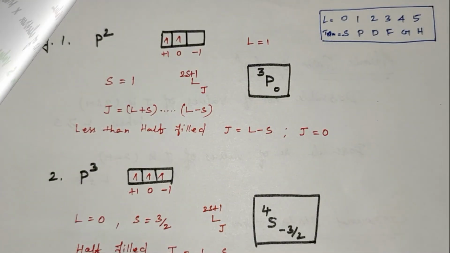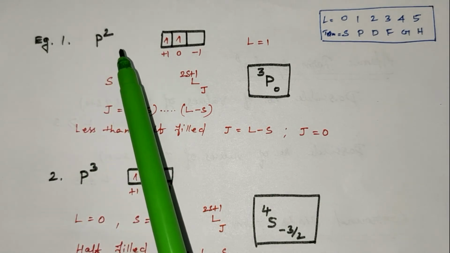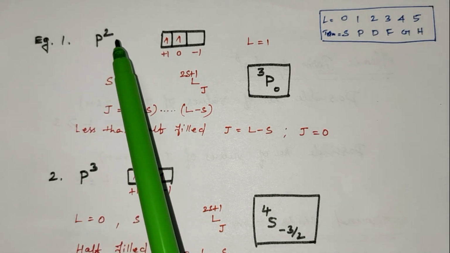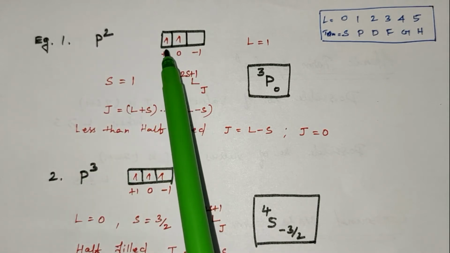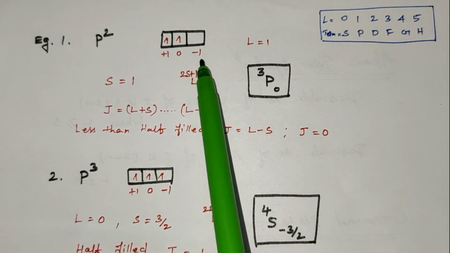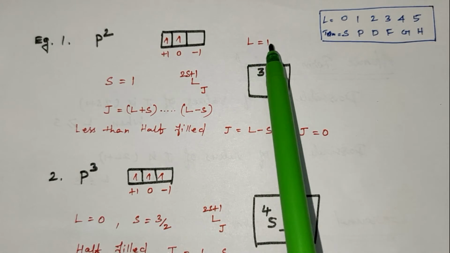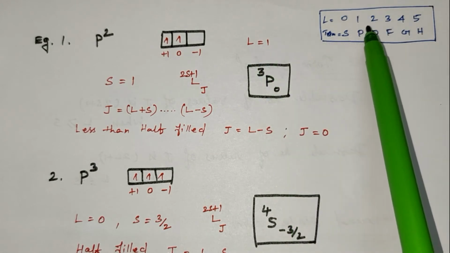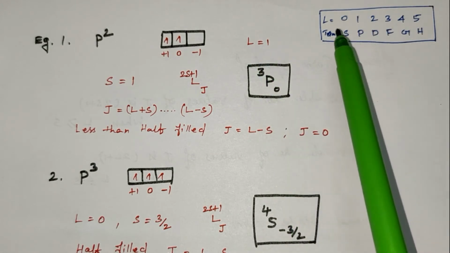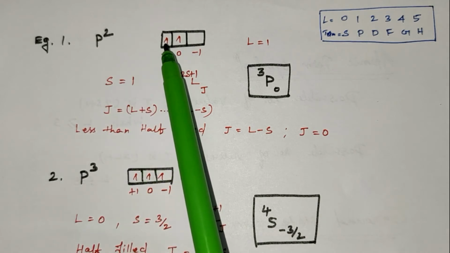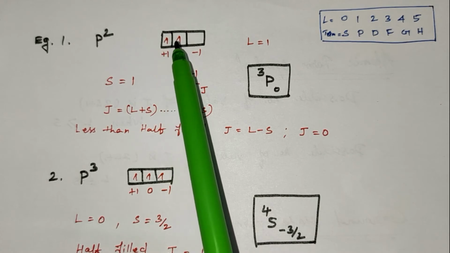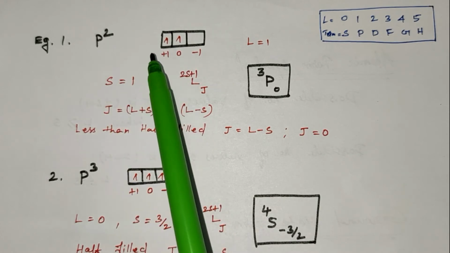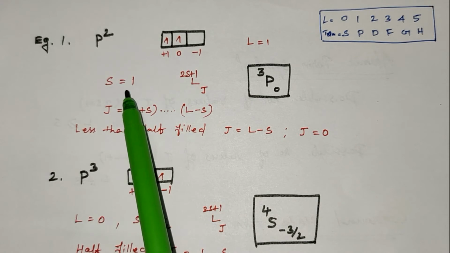For example, the P2 orbital, the number of electrons is 2. Magnetic quantum number is written as plus 1, 0, minus 1. The value of L is calculated as 1, that is L is equal to 1, so the term is P. The value of S: totally 2 electrons are present, both electrons in the upward direction, so S is equal to plus 1/2 plus 1/2, that is equal to 1.